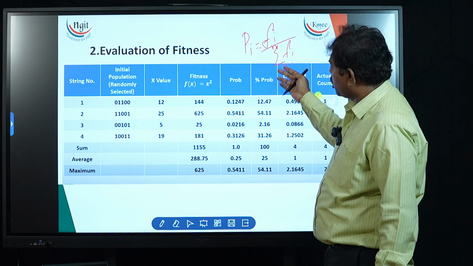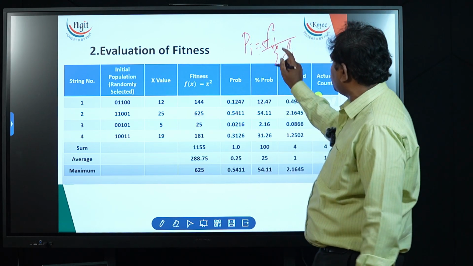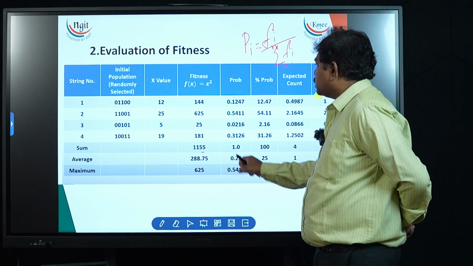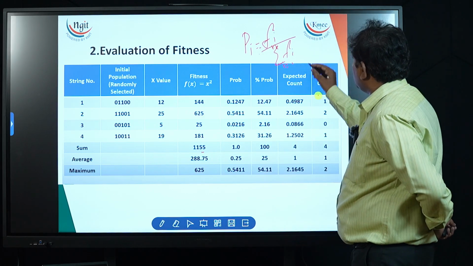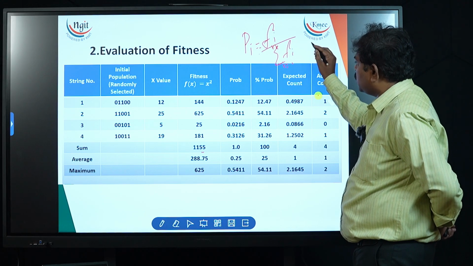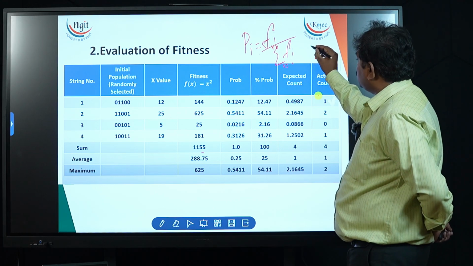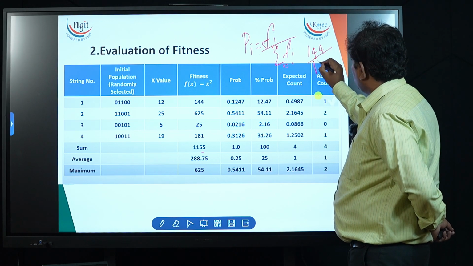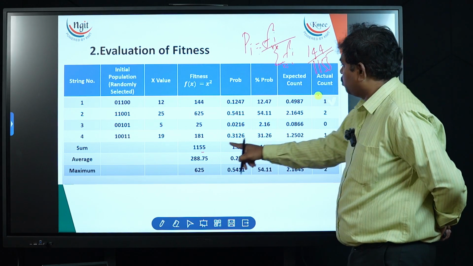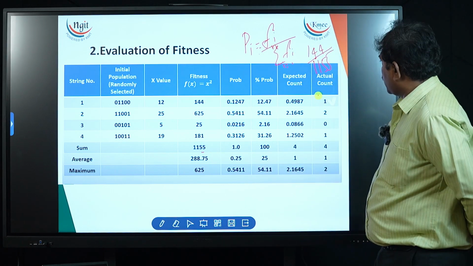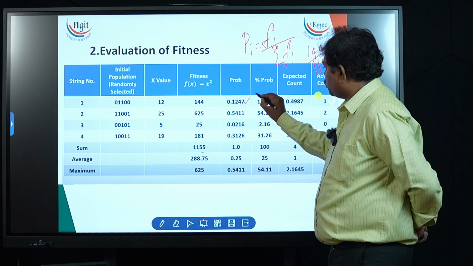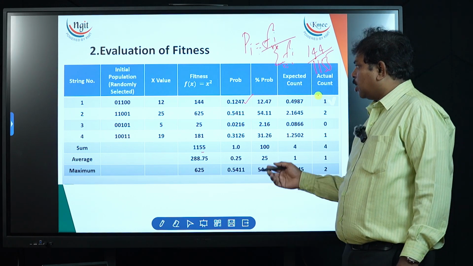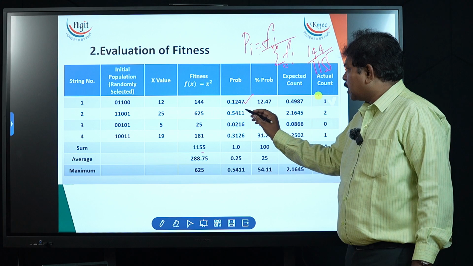Here I have a population of 4 only. What is the sum here? 1155. What is the value here? 144. I say the probability of selection of this sample is 144 divided by 1155, the sum of the numbers. So I get 0.1247 as my probability. Like this, for every sample in my population, I calculate this.